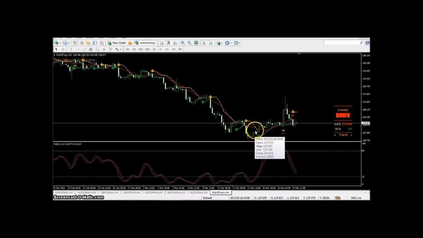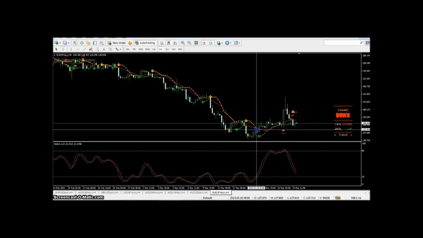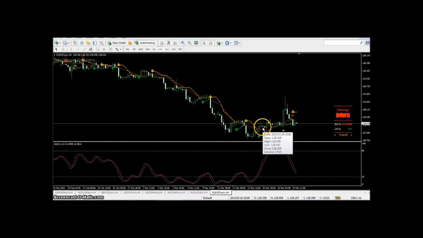A person could make a little money off this consolidation stuff, because if you'd got in right there, there's 500 pips a person could have got. And then here's kind of a danger zone when it's right in between, getting close to the line there, to the custom moving average. But on these two candles, it's still a little tricky there.